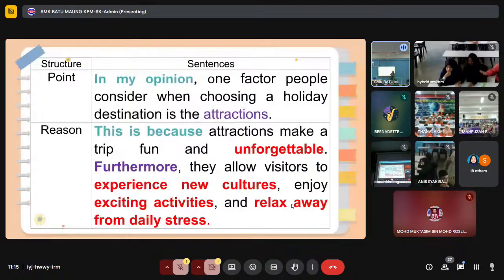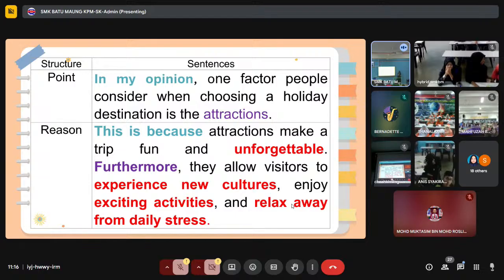Followed by reason. Why do I believe attraction is a factor people consider? So, to begin your reason, you can use reasoning markers. Like, this is because. What else? I say this because. All right. So, for this response, I have used this is because. Why?